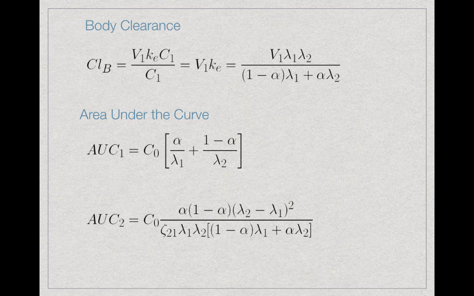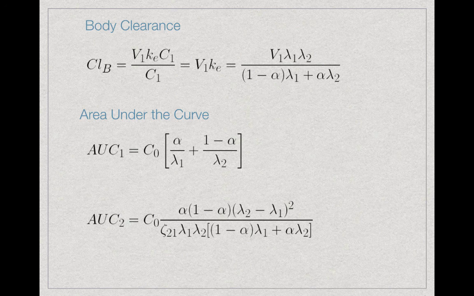The area under the curve, which again is synonymous with the exposure of the compartment. So area under the curve of the first compartment equals C0, so the initial concentration, alpha over lambda 1 plus 1 minus alpha over lambda 2.